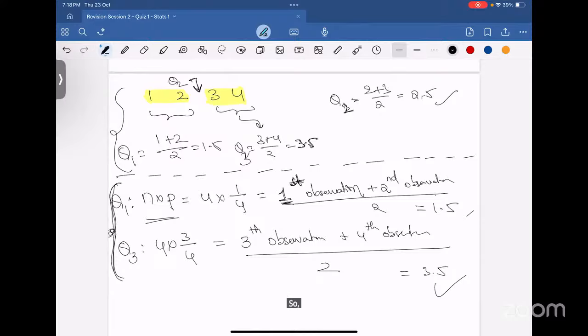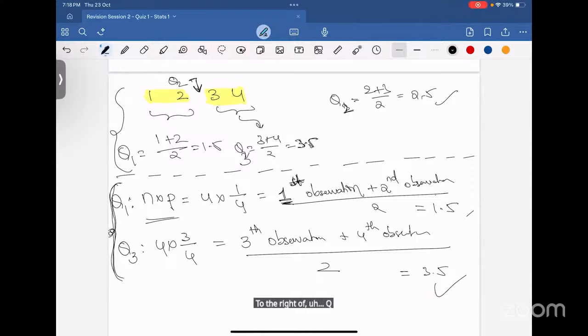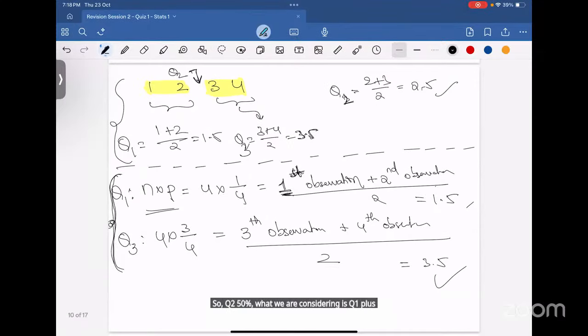Above Q3, there is another 25% of the observations. Each part comprises 25%. So Q1 is 25%, Q2 is another 25, and Q3 is another 25, and there is another 25 to the right of Q3 which we are not considering. So for Q2 at 50%, we are considering Q1 plus Q2, then only it is 50%.